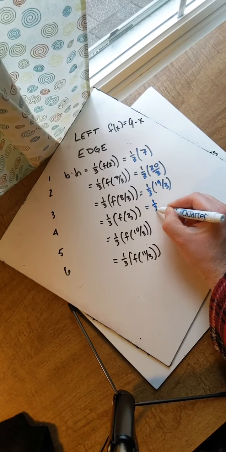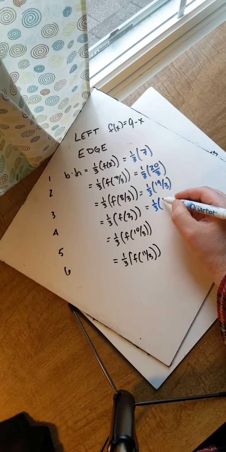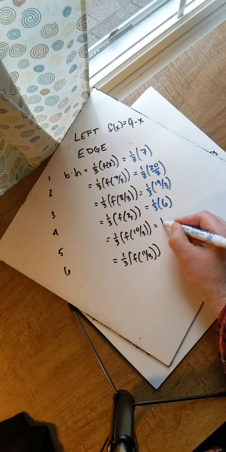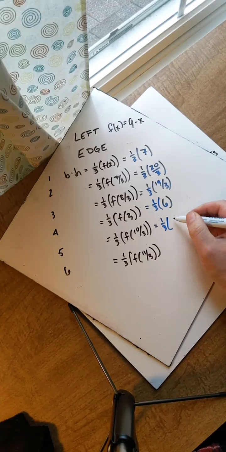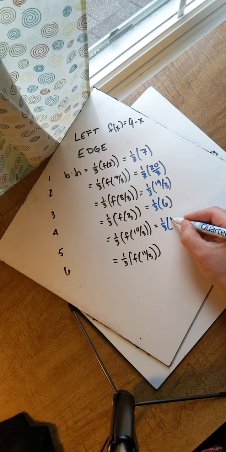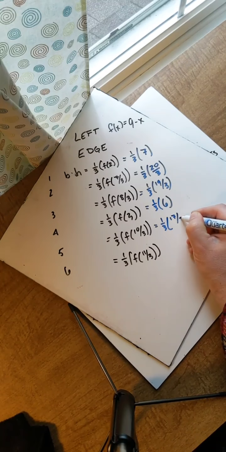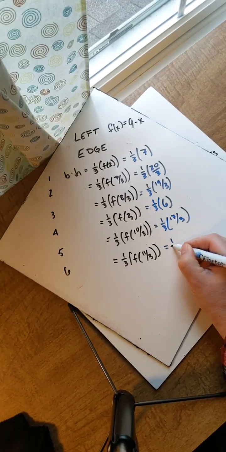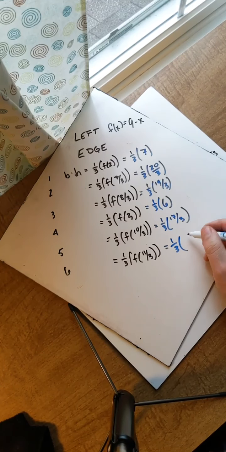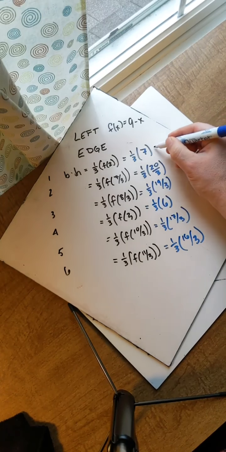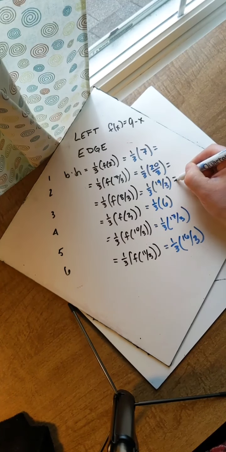There's a pattern here. 1/3 times 18/3, which is just 6. And then 1/3 times 17/3. And then 1/3 times 16/3.